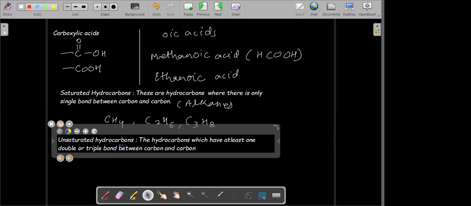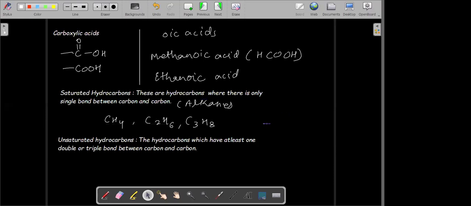So if there is at least one double bond or triple bond between carbon and carbon, we call it an unsaturated hydrocarbon. Examples would include all the alkenes and alkynes. All alkenes and alkynes will be included under unsaturated hydrocarbons.